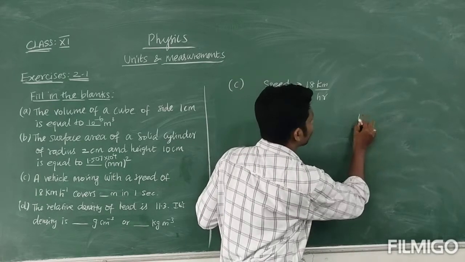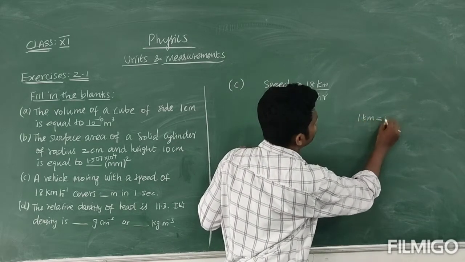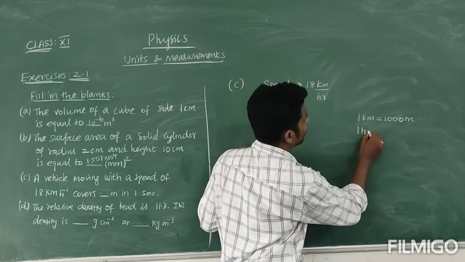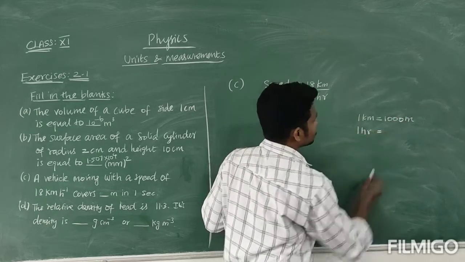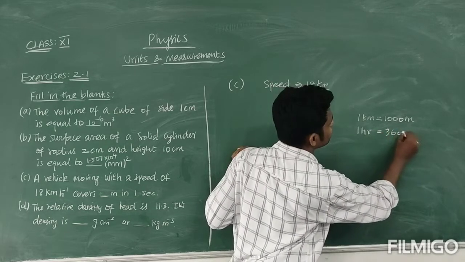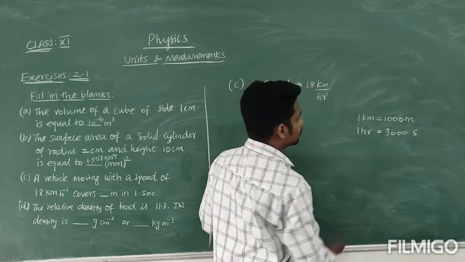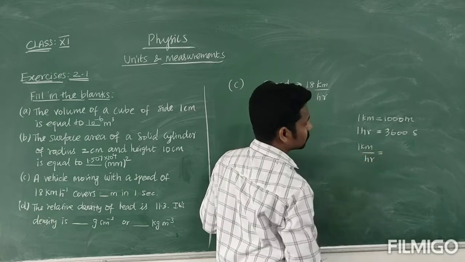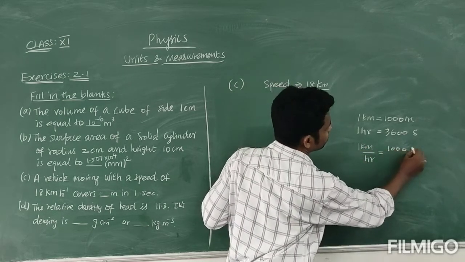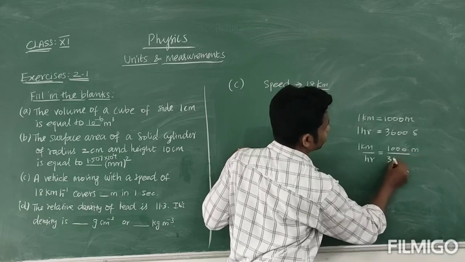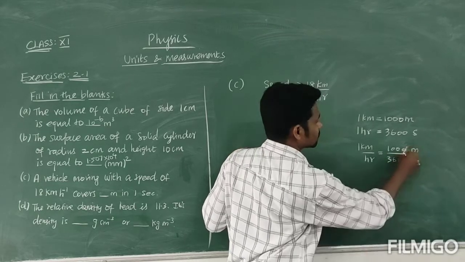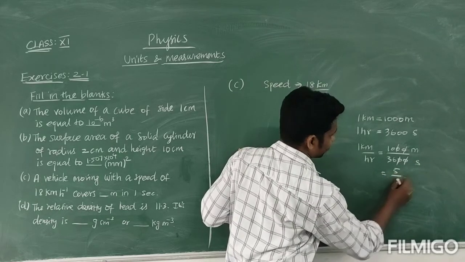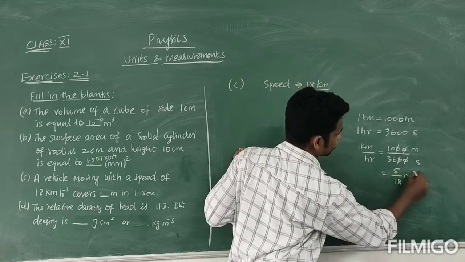So we know that 1 kilometer is equal to 1000 meter, and 1 hour is equal to 3600 seconds. So 1 kilometer per hour is equal to 1000 meter per 3600 seconds. The zeros cancel, so we can write 5 by 18 meter per second.